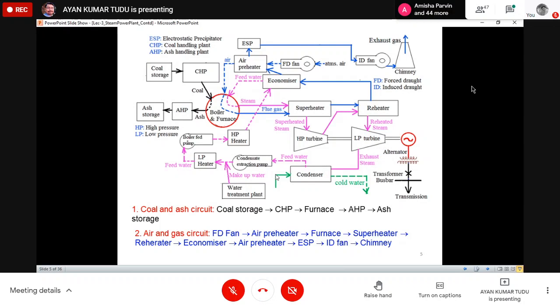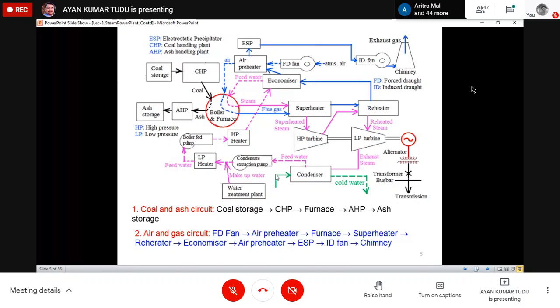Okay, what is the function of the deaerator? The function of the deaerator is to remove any corrosive oxygen which is dissolved in the water. Apart from that, the deaerator also maintains a negative pressure to extract any dissolved gas from the condensate.